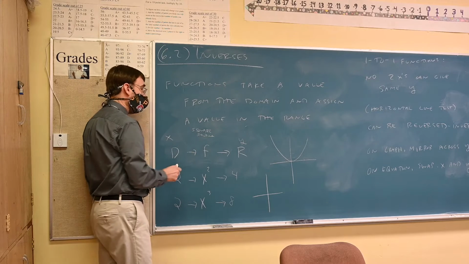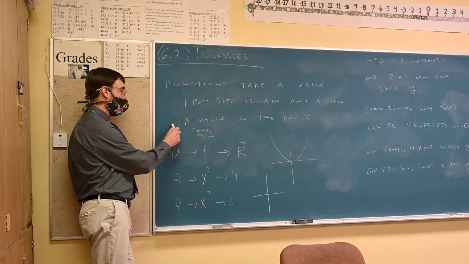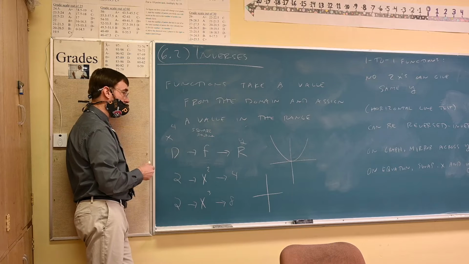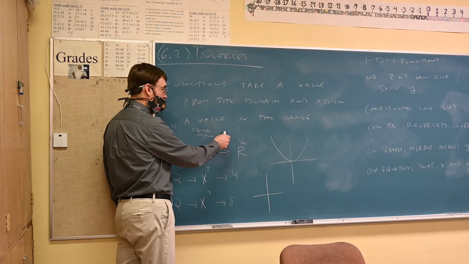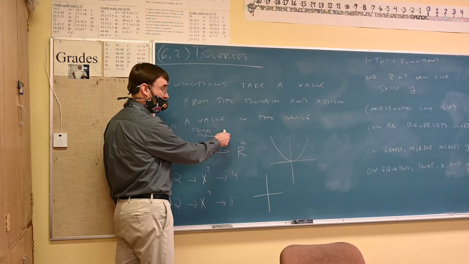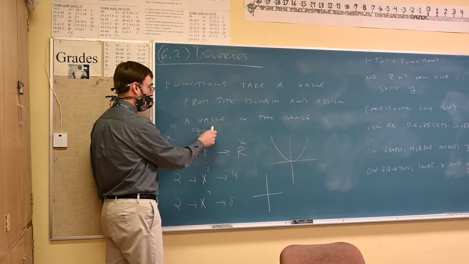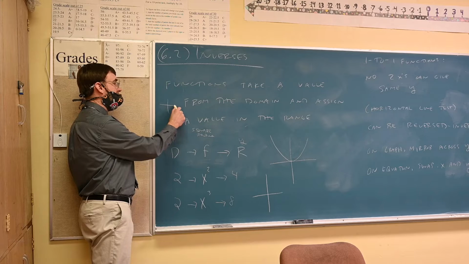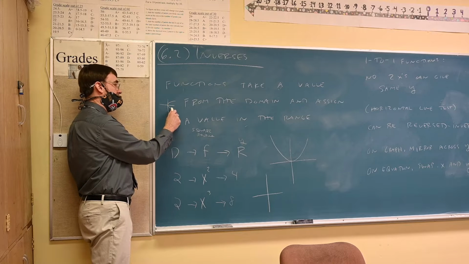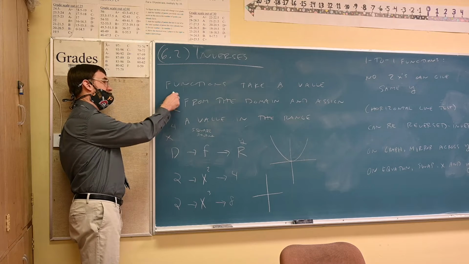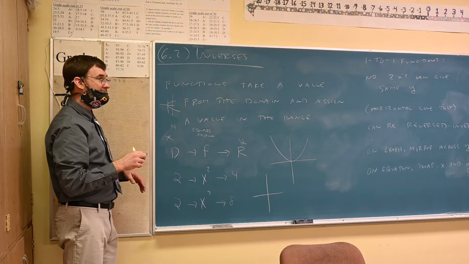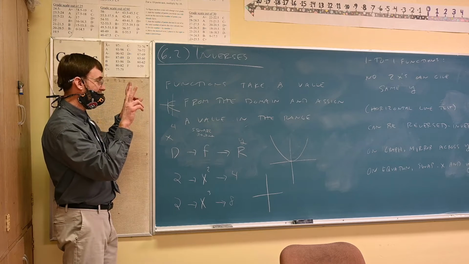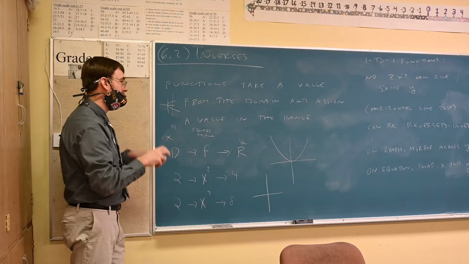Square rooting did not qualify as a function, because if I gave you something like 4 and asked you to square root it, you could get either +2 or -2. So square rooting didn't make the cut. A graph of square rooting would look like this, and if I drew a vertical line, I touch it twice, and it's not official. It doesn't make the cut as the definition of being a function.